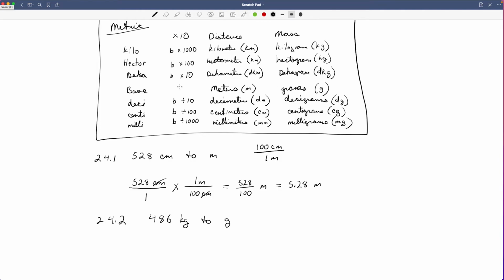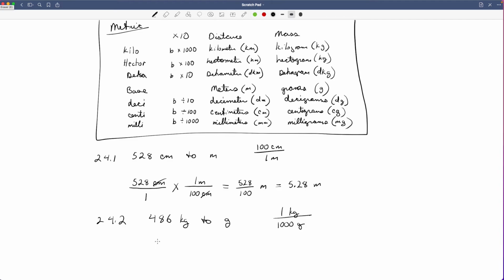So that's the base, which is grams, times 1,000. So that means that 1 kilogram is 1,000 times the base. So that is going to be 1,000 grams.